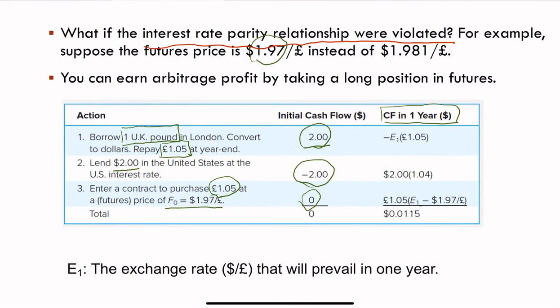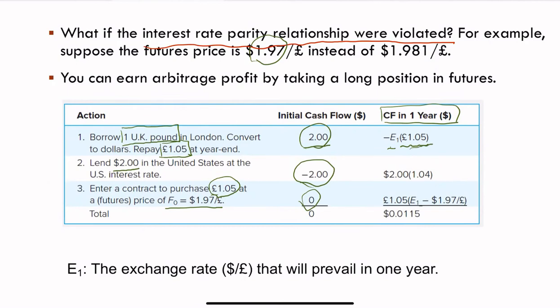So at the end of the year, you have to pay back 1.05, and this is your cash outflow, denominated in pounds. If you denominate this in dollars, then you have to use the exchange rate in 1 year, E1, times 1.05 pounds.